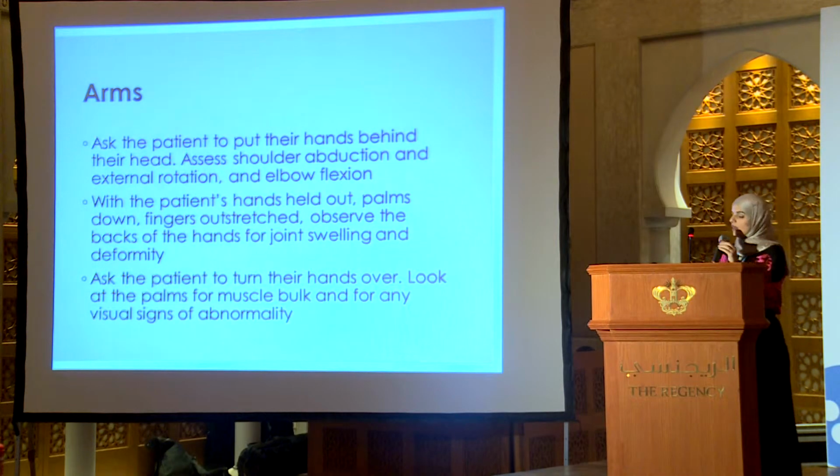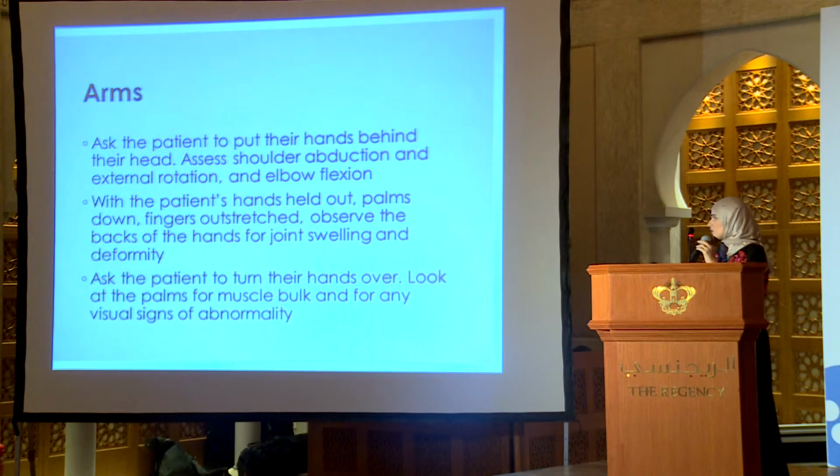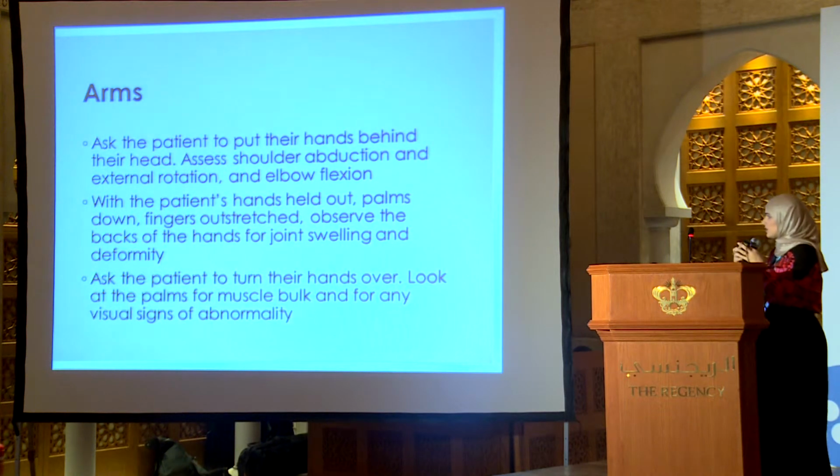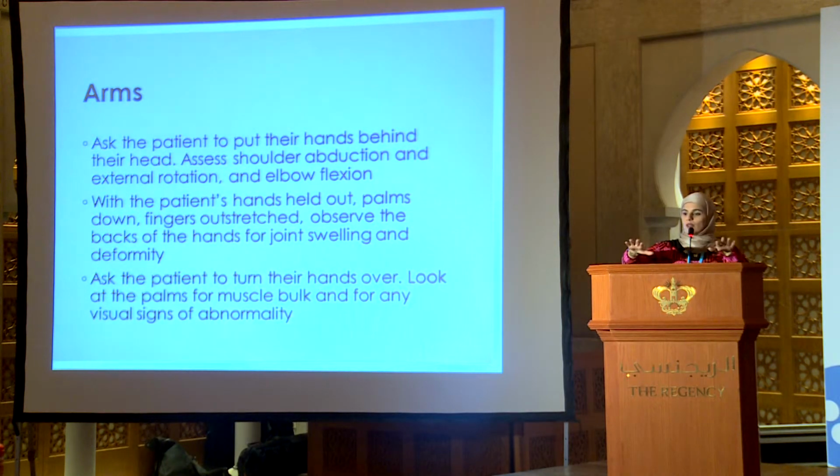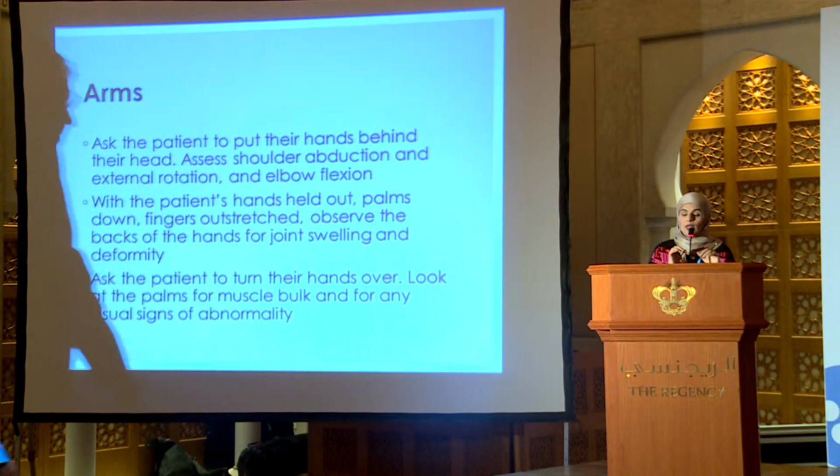For the arms, you can ask the patient to put their hands behind their neck. You assess shoulder abduction and external rotation and elbow flexion. You ask the patient to show you their hands and check for any abnormalities or swelling.